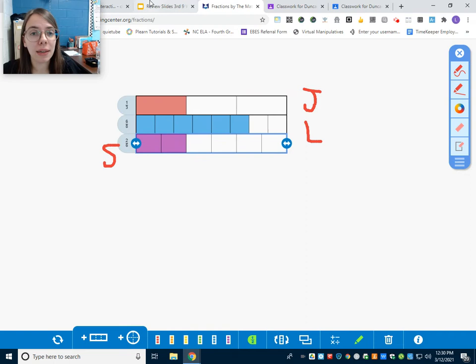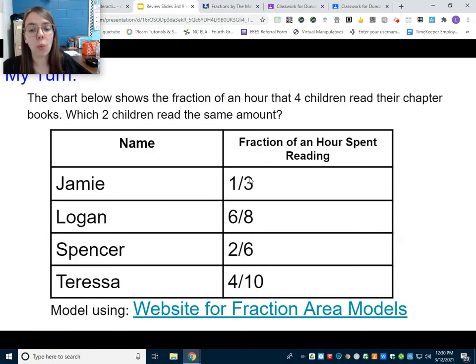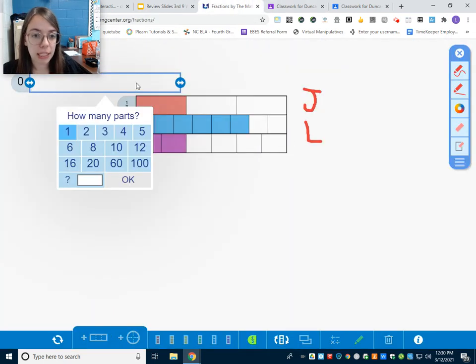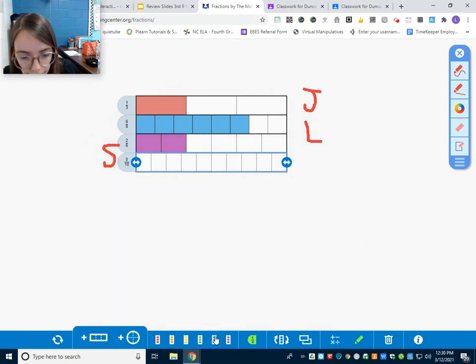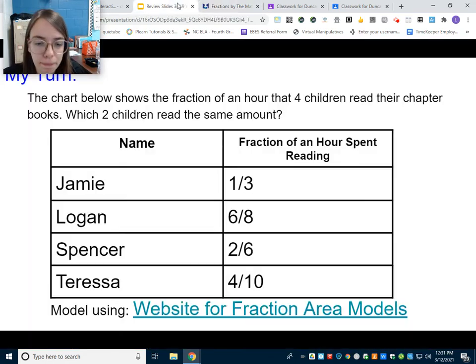Perfect. So I know that 1/3 and 2/6 are equivalent, or Jamie and Spencer. But I could even try the last one, 4/10, just to make sure, because everyone makes mistakes, okay? So if I try out 4/10, I see, oh, that's not the same as any of the others. So it's definitely Spencer and Jamie.